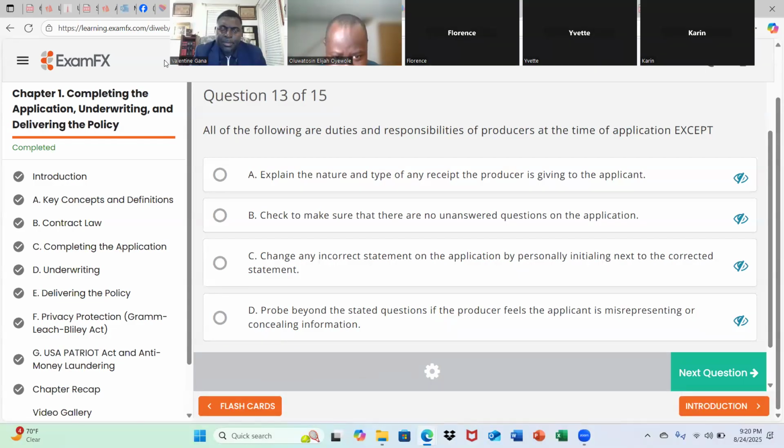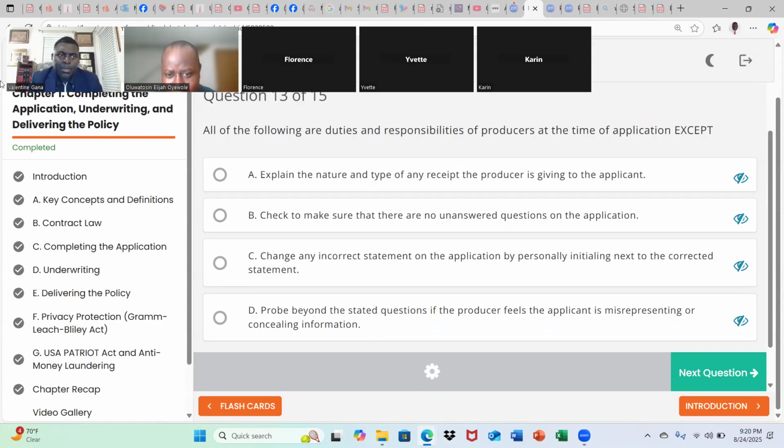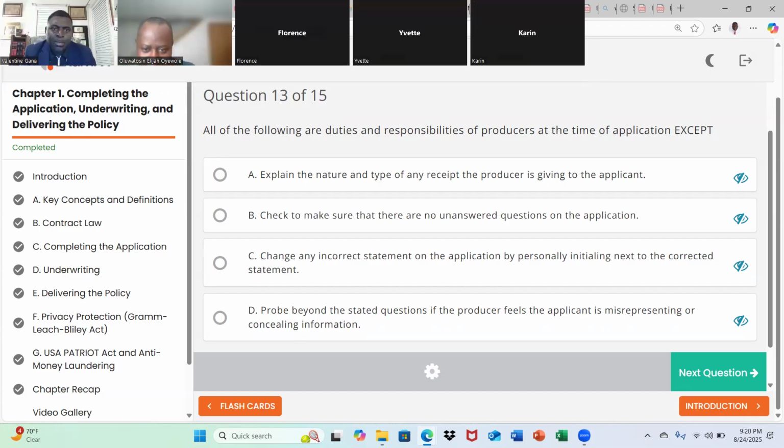Correct. It's C, change an incorrect statement on the application by personally initialing next to the corrected statement. If there's an incorrect statement and it is corrected, who is supposed to initial that correction? The applicant.